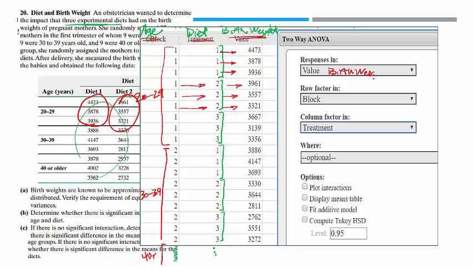Okay, I have to tell StatCrunch where to find the data. Then I have to tell it where to find the values of my row variable, which in this case would be age, or the blocks here. And then I have to tell it where to find the values of the column factor, which in the organization of the data is the diet or the treatment. I'm going to choose plot interactions and Tukey every time, even though we haven't talked about those yet. And let's take a look at the results.